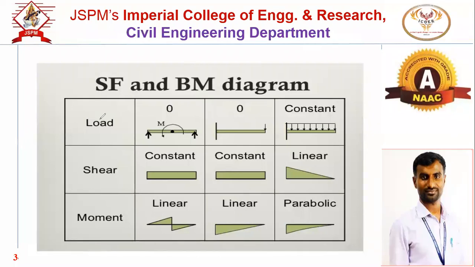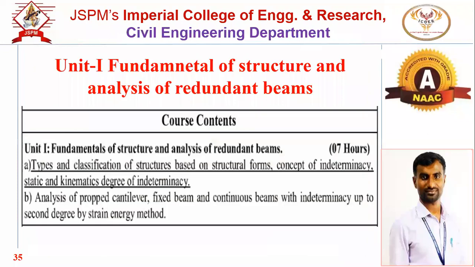Now we will start with our actual syllabus, unit number 1. This unit is for the fundamentals of structures and analysis of redundant beams. It is divided into 2 parts, chapter 1 and chapter 2.